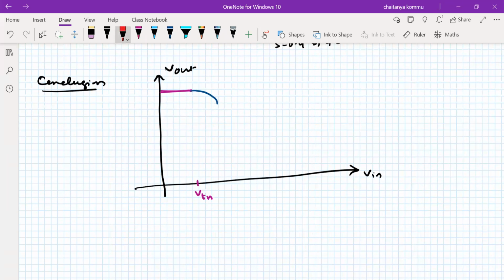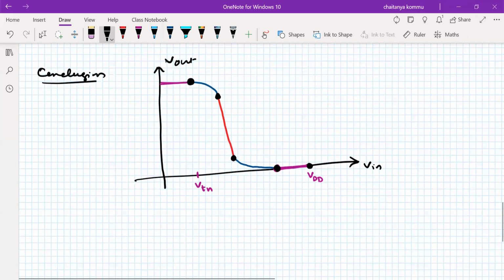Next, it will go down to the saturation, and it will enter into the linear region. So this is the maximum value of VOUT, the maximum value of VDD. This point is important. This point is important, and this point is important. Okay.